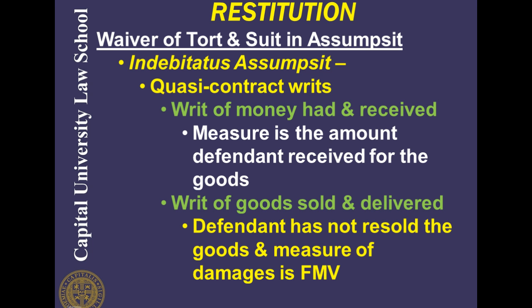And this is as if the plaintiff had agreed to sell the goods to the defendant for their fair market value, and the courts in this instance will award the plaintiff the fair market value of the goods when the plaintiff waives the tort of conversion and proceeds with their suit in assumpsit based on the writ of goods sold and delivered.